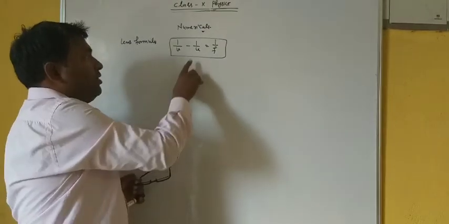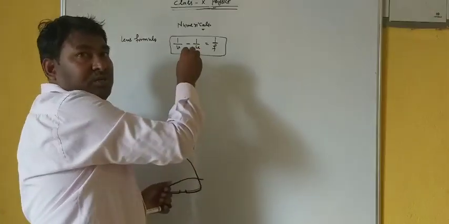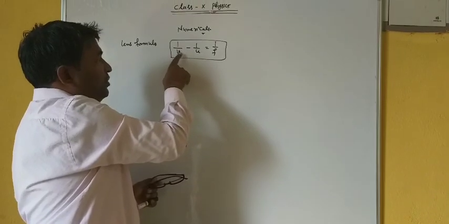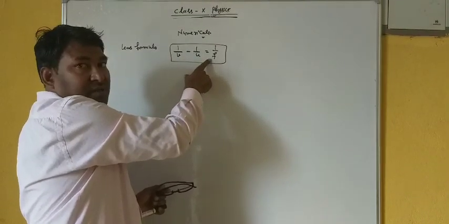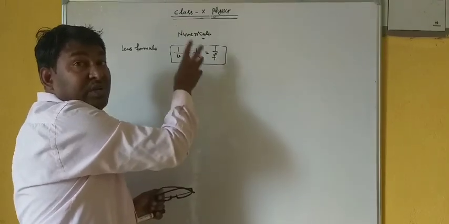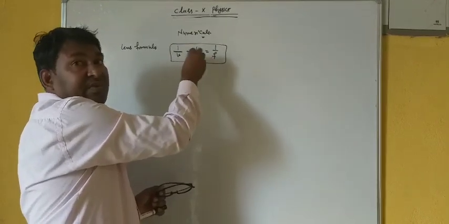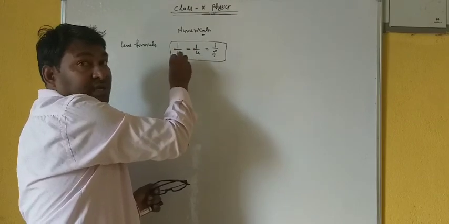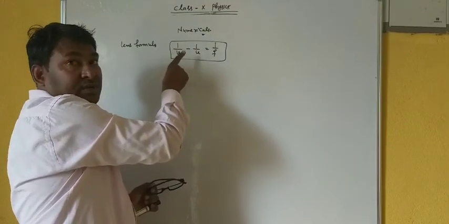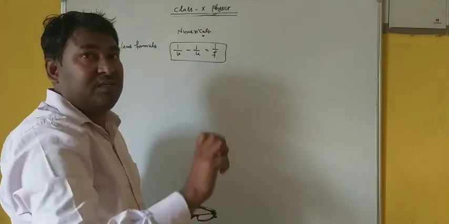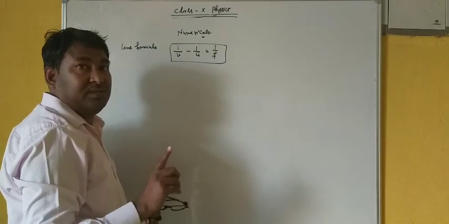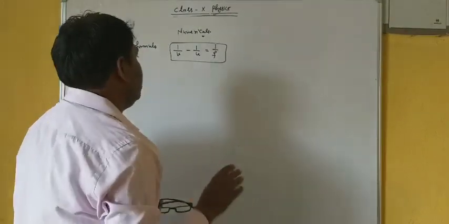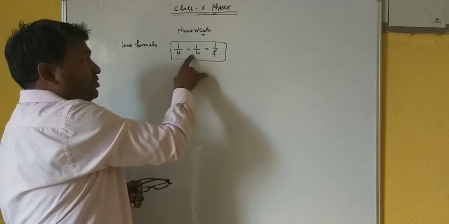Here one thing, from a numerical point of view: if you are going to put any values like U, V, F numerically, then only you have to put them along with sign. Never put the sign of that quantity which you are going to find, otherwise you will not get the answer.